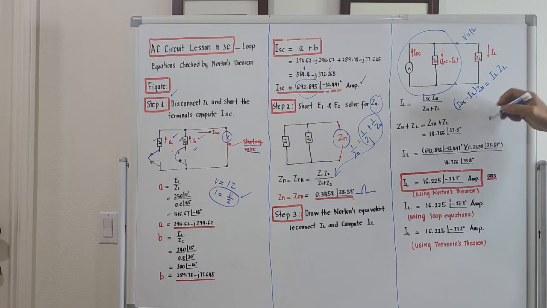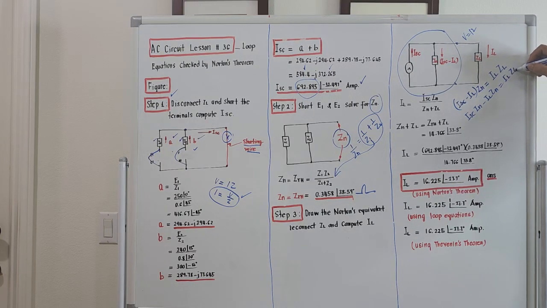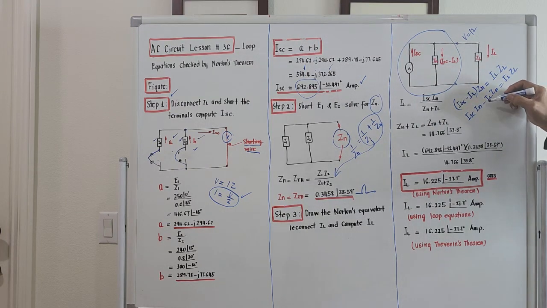And if we try to simplify, I short circuit times Z sub N minus I sub L times Z sub N equal to I sub L times Z sub L. This is I sub L. We put it on the right, so we put the equality sign here and this will now be addition.